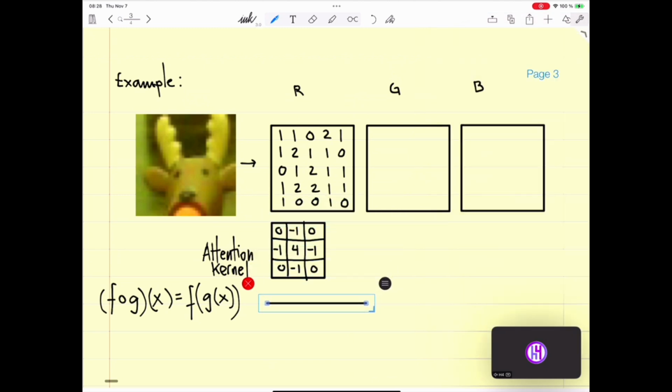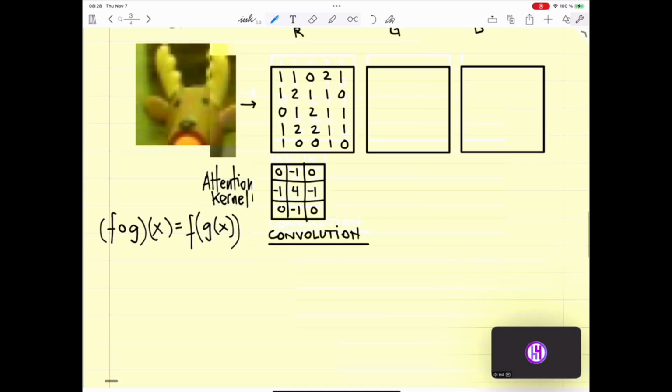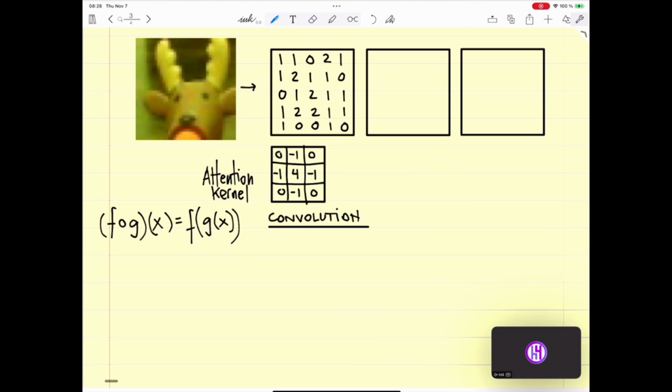So this is the math behind it. How does it work to apply convolution? Now please pay attention to the thing there. And later on you can look at the video and then it will make sense.